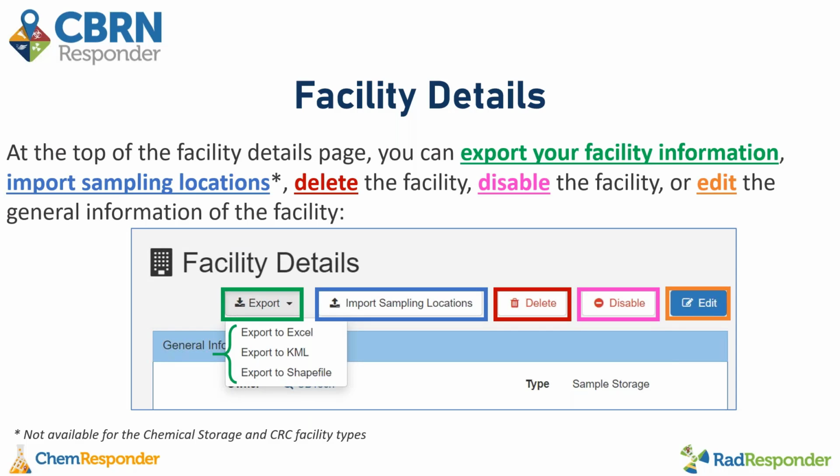At the top of all of your facility details pages, you will be able to export your facility information into an Excel, KML, or shapefile. You can import sampling locations, except if your facility is typed as a chemical storage or community reception center facility type, which you can see with that asterisk. You can also delete the facility, disable it, which will make it inactive, or edit the general information of the facility.